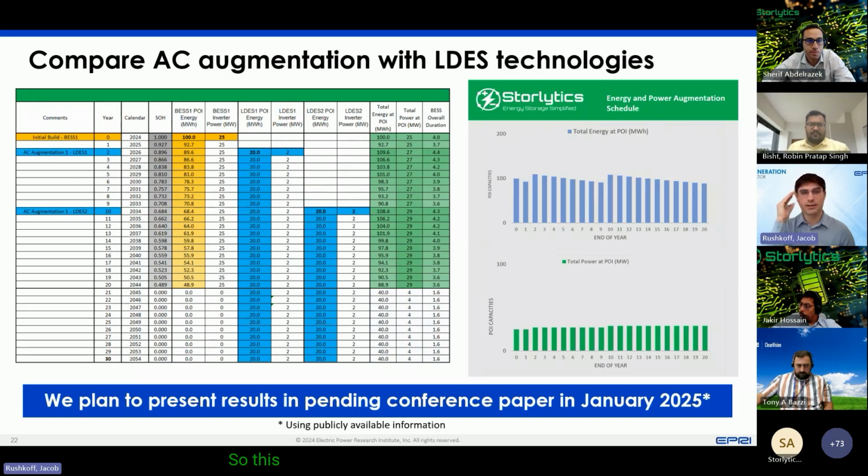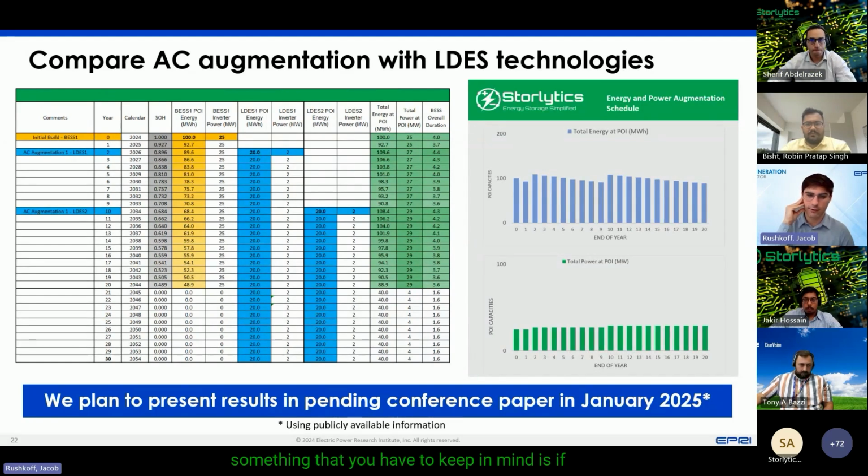So this system is going to be playing into MISO. And something you have to keep in mind is that if you want to participate in the capacity auction, that comes with a requirement for meeting a 4-hour minimum duration. So the goal would be that the system has the capability to meet that minimum duration.